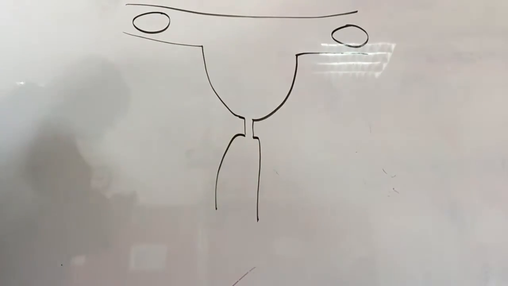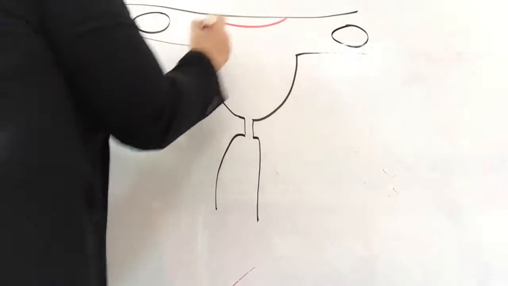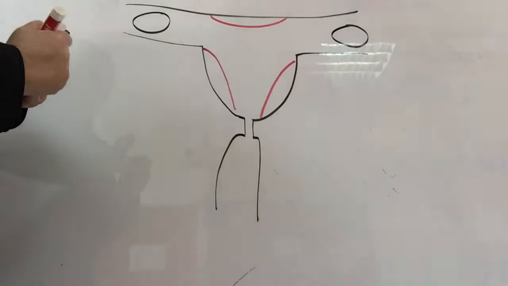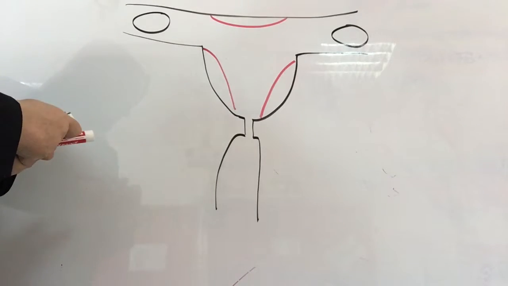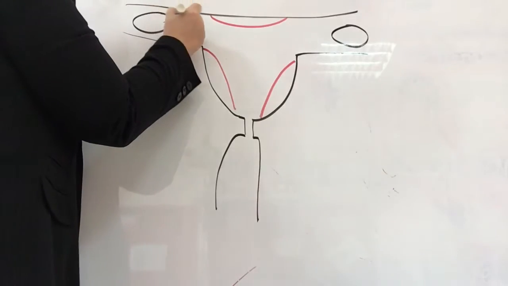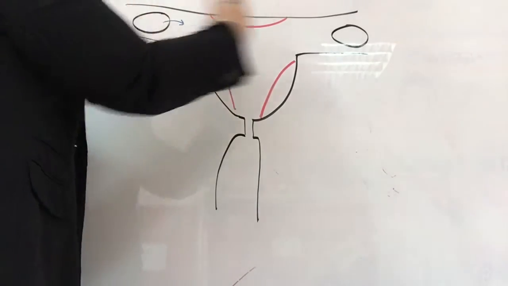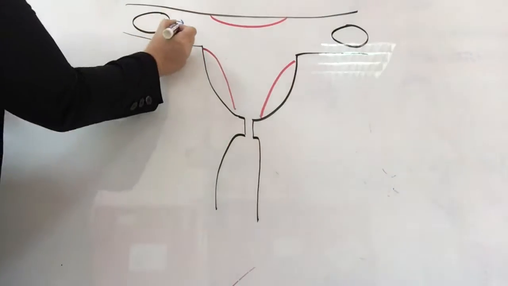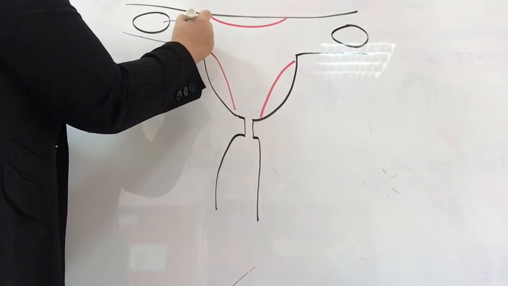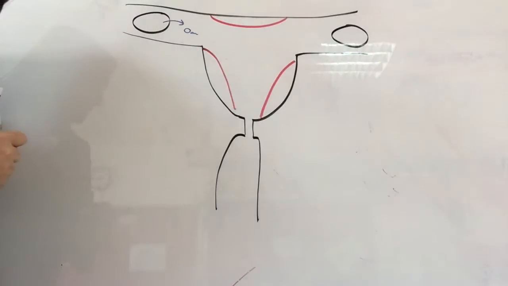And what we've said is that during the month, the blood-thick lining builds up on the uterus, and then on day 14 of the menstrual cycle, which you'll learn about later, an egg is ovulated and bursts out of the ovary, either this one or this one. And as it passes down the fallopian tube, it will become fertilized, possibly by a sperm cell.